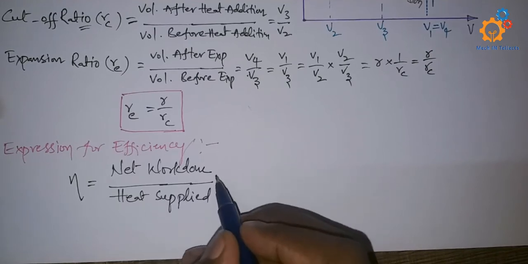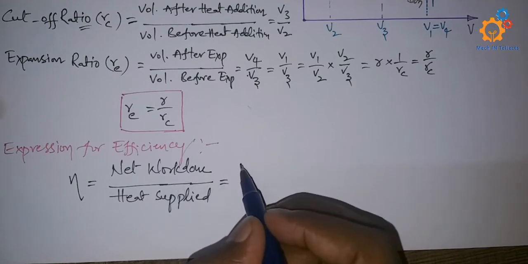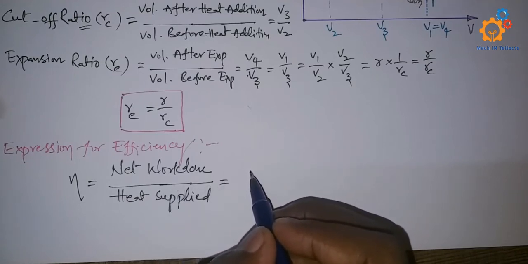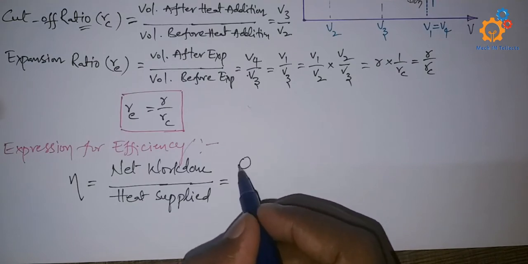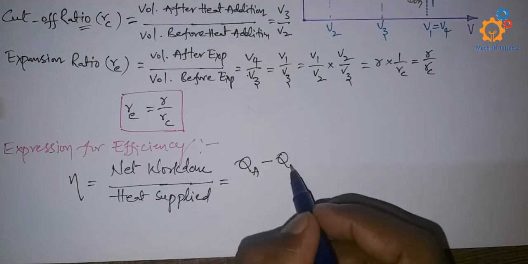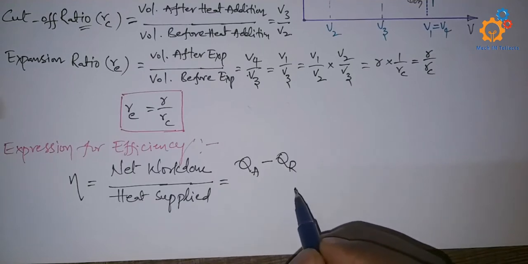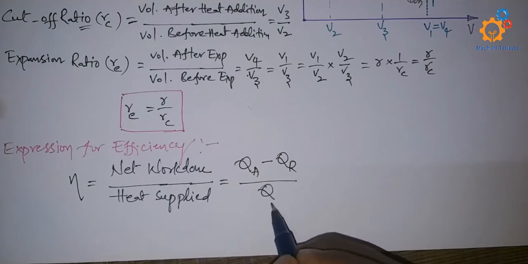Alright, what is net work done? Net work done is the difference between heat addition and heat rejection in the cycle. That is QA as heat addition and QR as heat rejection, divided by heat supplied, which is QA.